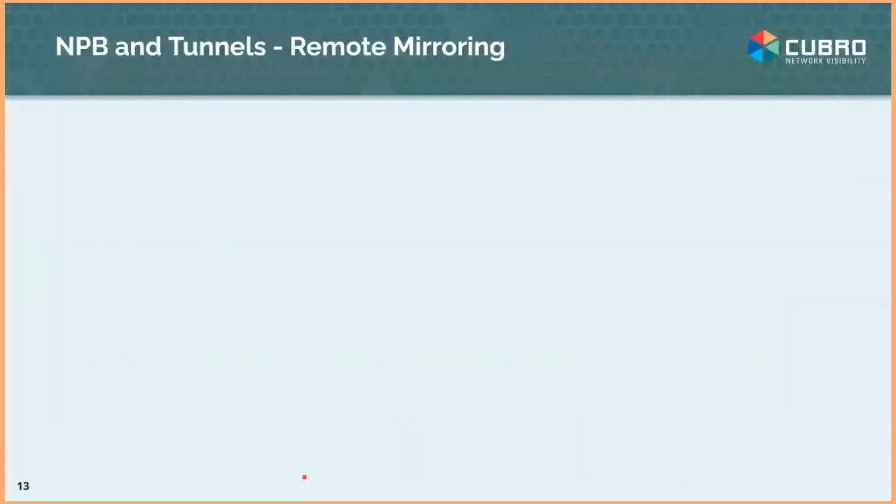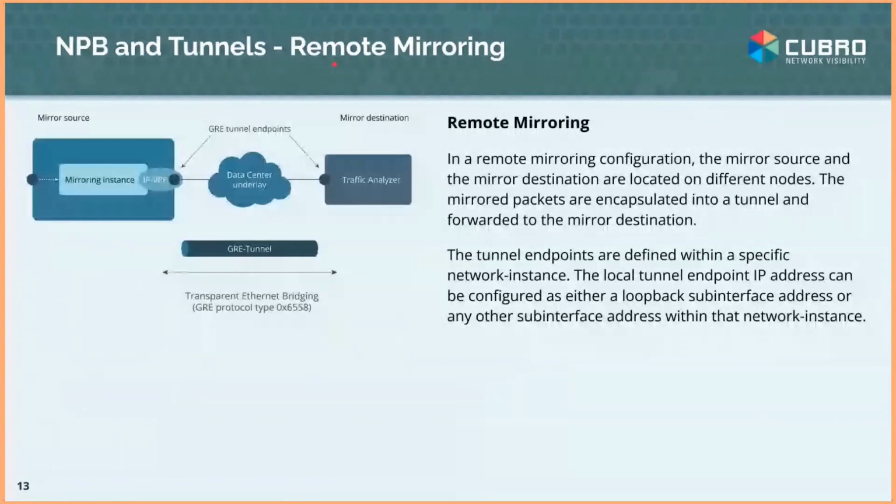And very important, what we have seen now with MPP is people talking about remote mirroring. What does that mean? For example, you have a mirroring instance somewhere, some device, some server, whatever. It can even be some service running in the cloud. You want to mirror that out and send this traffic somewhere else.